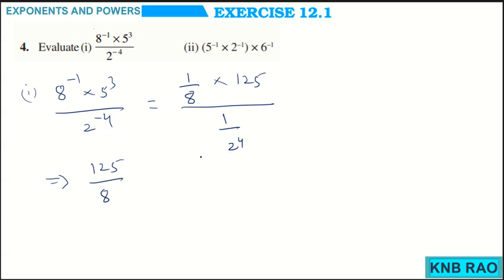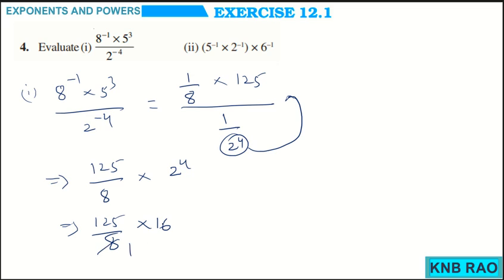This 2^4 goes up, the denominator going to the numerator, which gives us 16. So 125 by 8 multiplied by 16. 8 ones are 8, 2 sixteens... it gives you 125 twos are 250 as the answer.